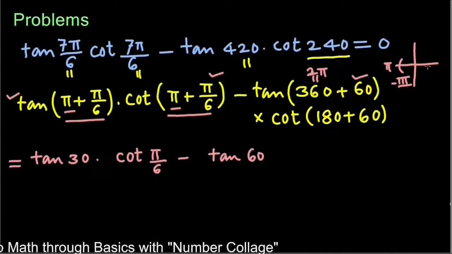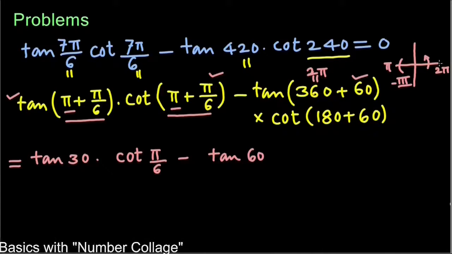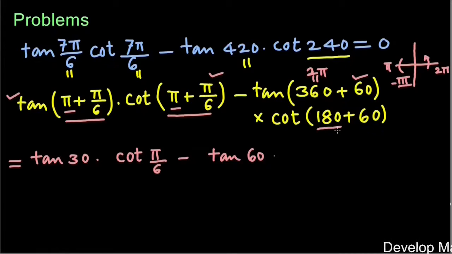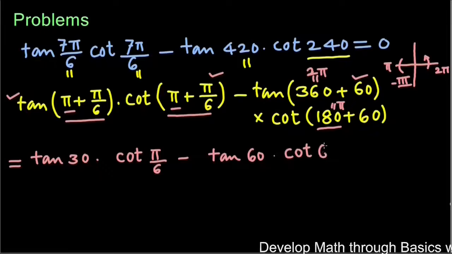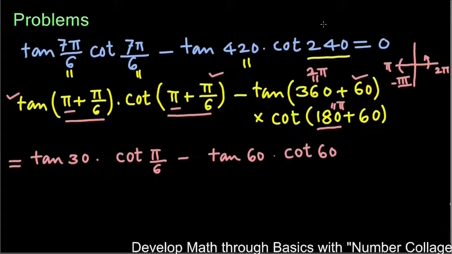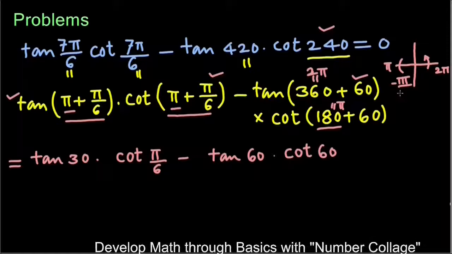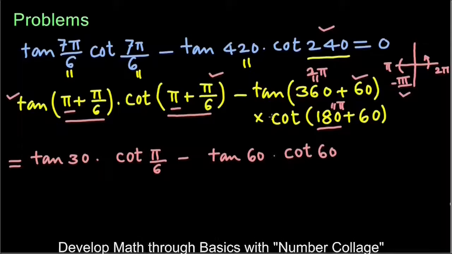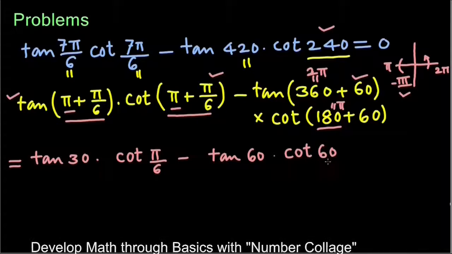This angle lies in the first quadrant in which all trigonometric ratios are positive, so this will be tan 60 itself, into, because of this 180, which is pi, cot 60 itself, and this angle 240 lies in the third quadrant, which is cot's own quadrant, so this will be positive.